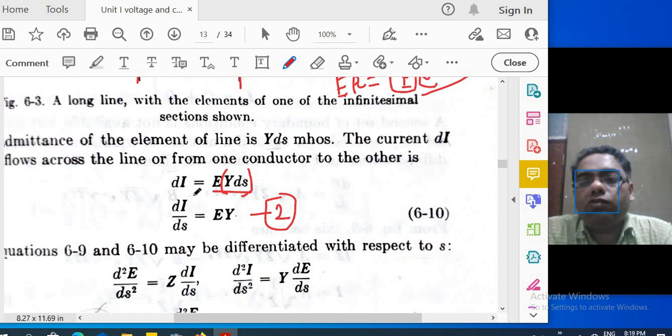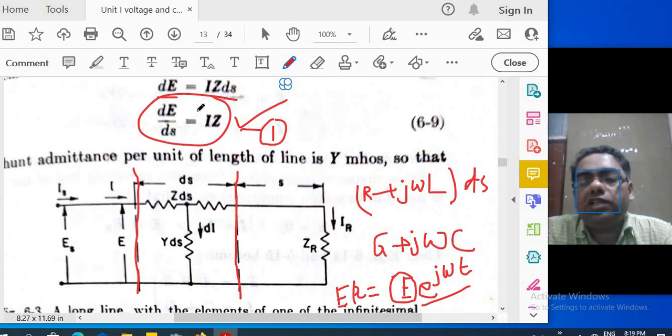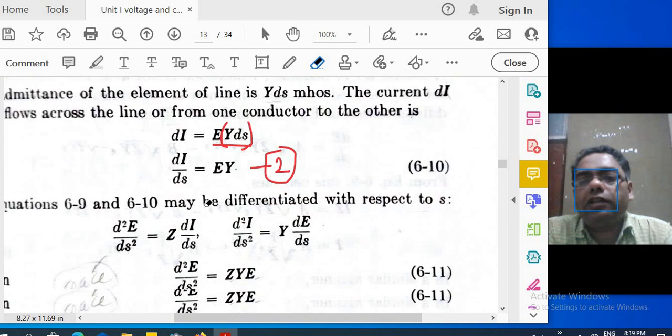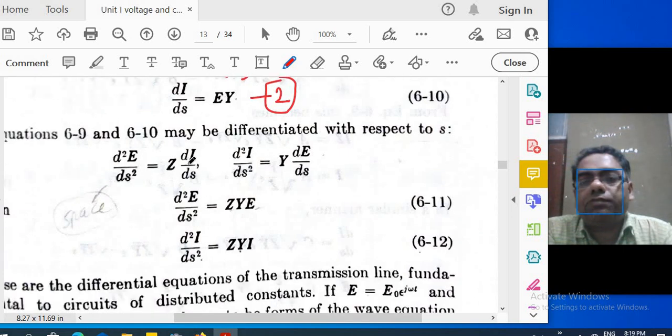For decoupling, we differentiate dE by ds again with respect to s. So it will become d square E by ds square equal to z into dI by ds.